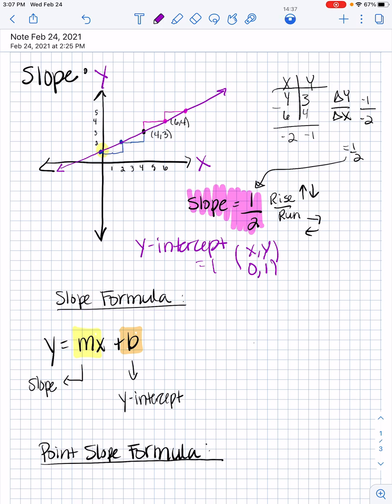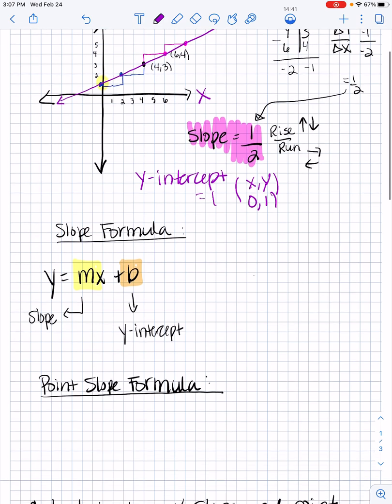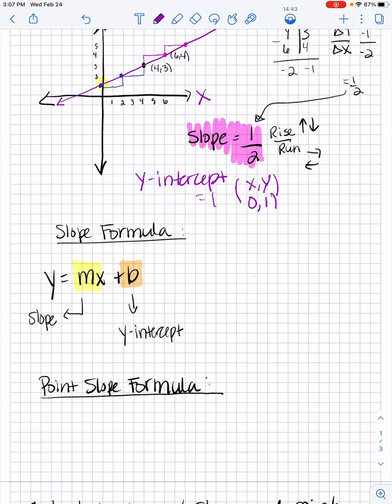From there, your lesson moved into showing you 2 formulas. The first formula is the slope-intercept formula, which is y equals mx plus b. What you have to know about this one is what each letter stands for. The m in the formula stands for the slope, and the b is the y-intercept.